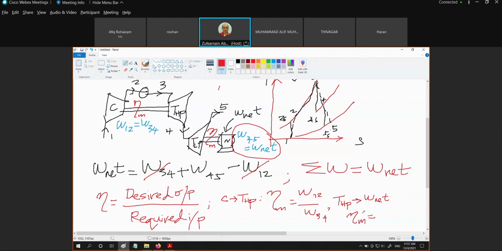For the turbine low pressure shaft to the W net, which one is our desired output? W net. Yes, this is our W net. And our required input is the work produced by our turbine low pressure, so this is W45.